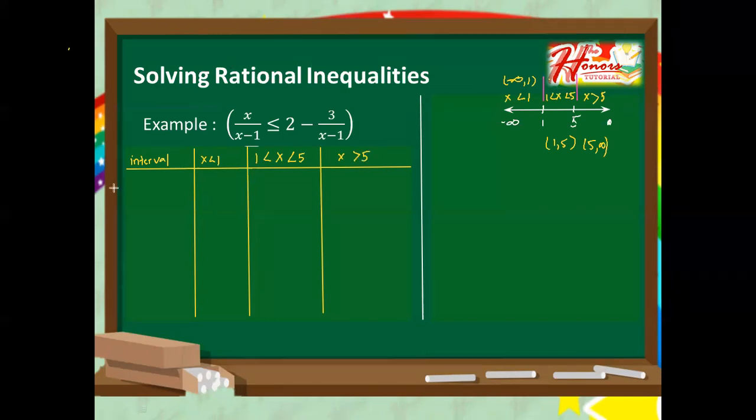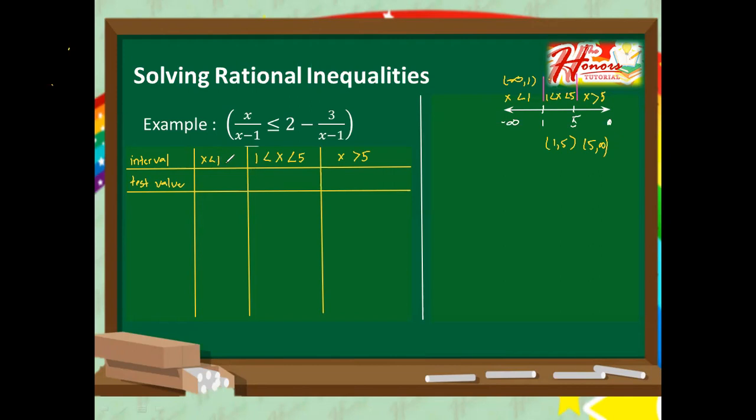And then for the second line here, we should have our test value. Again, for the test value, you are going to choose the values yourself, but you have to satisfy the interval that you have.